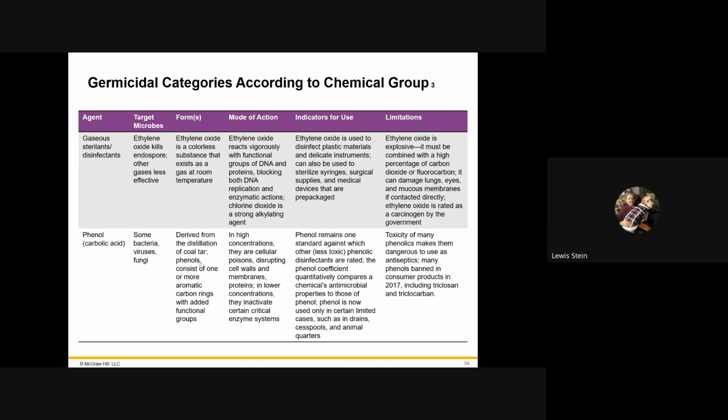Phenol, carbolic acid, it's very nasty if it's concentrated and it gets on your skin. I used it to cauterize warts. I used it to cauterize nail beds where I had removed nails, so the nail wouldn't grow back at full strength. They're poisons, disruptive. In lower concentrations, they inactivate certain critical enzyme systems.